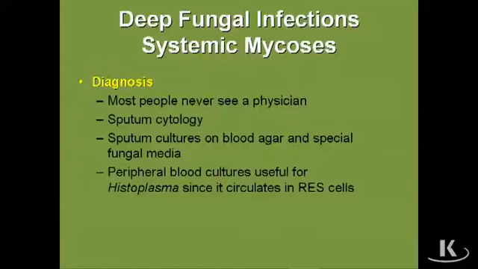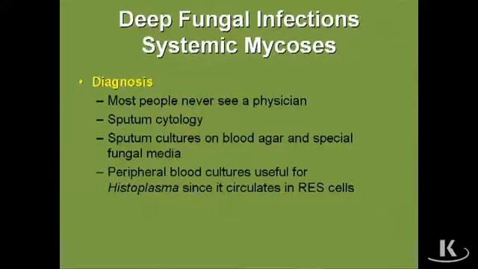All right, diagnosis, again, sputum cytology. That is what I referred to previously with sporotrichosis. If I told you that you found cigar-shaped yeast in a sputum sample, that's the sputum cytology. And that's going to be important as well for the systemic fungal infection.